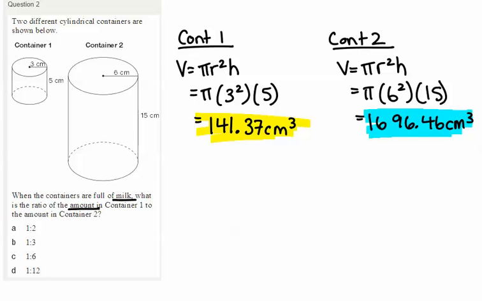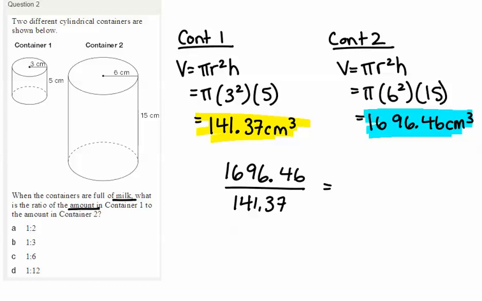What's the ratio? Okay, so we want to know, like, is there double the amount in container 2, or what is the ratio? So since it's kind of like the same thing as unit rate, let's divide them by each other, because that will then tell us the ratio of container 2 to container 1.